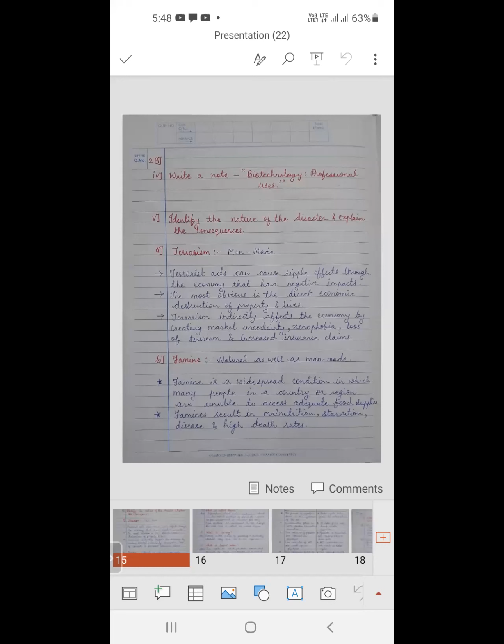In Marathi you can say that dushkar. So that is famine. It makes people unable to access adequate food supplies.